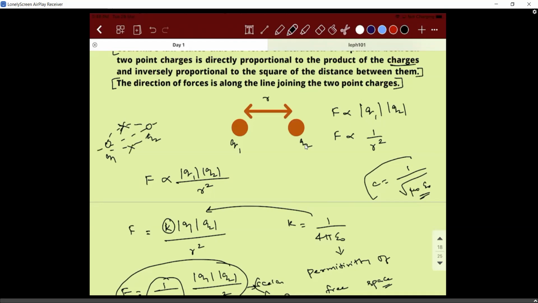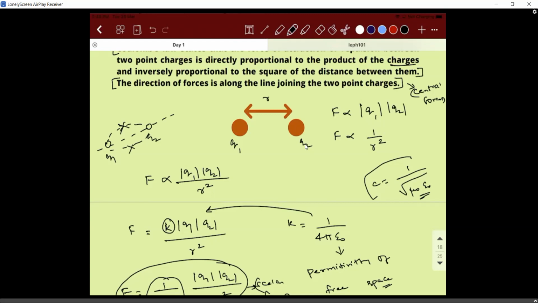It will directly act along the line joining both the charges. These kind of forces are generally called central forces. Gravitational force is also a central force. The forces which act along the line joining both the charges are called central forces.